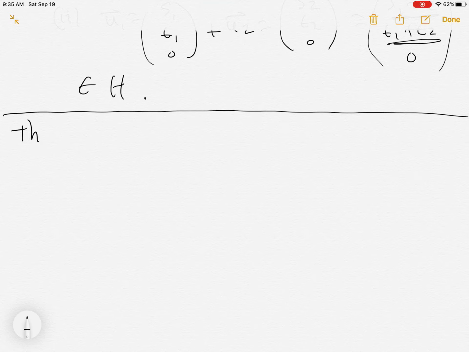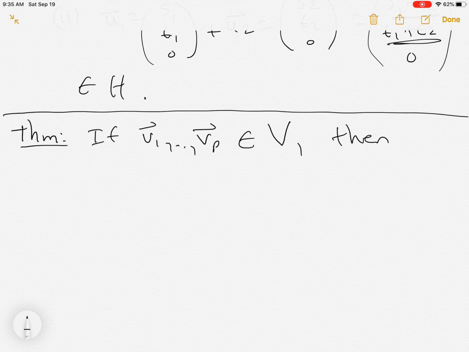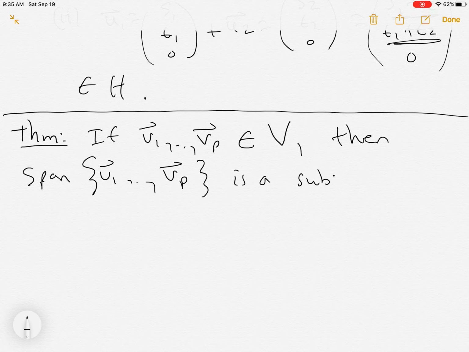Okay, so here's our first theorem. This is one that's easy to screw up, but so if V1 down to VP are vectors in some vector space, then the span of these vectors is a subspace of V. And it's called the subspace generated by V1 down to VP.